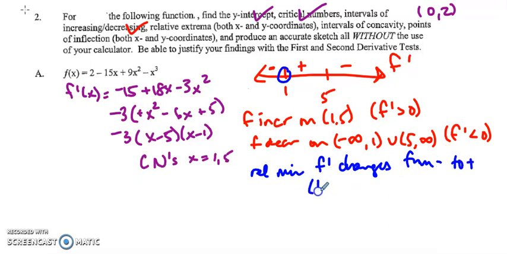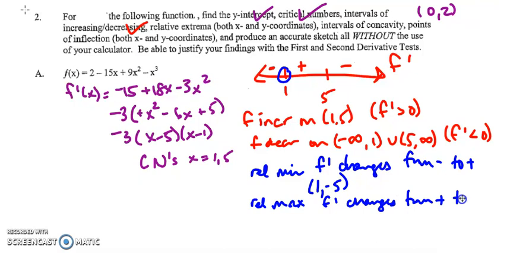That is going to be the point 1, and then plug it in. I get out negative 13 plus 9 is negative 4, minus 1 is negative 5. I hope I did my math right. Relative max is where f prime changes from positive to negative, and that is going to be at the point 5, something.